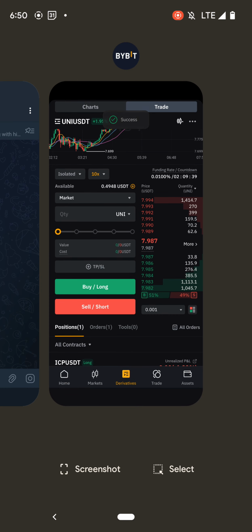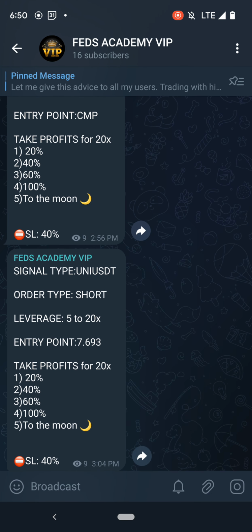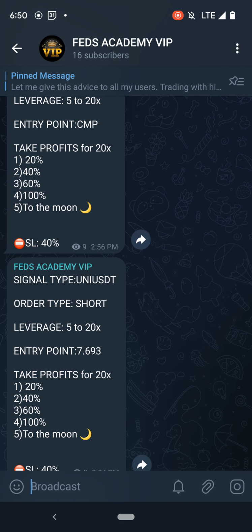And then the next is for us now to put our entry. We have already searched uni. This one is telling us to sell short. I told you short means to sell. So this is not the point where we are supposed to short. We need to set these other things, the leverage, because they come first in the setting space.